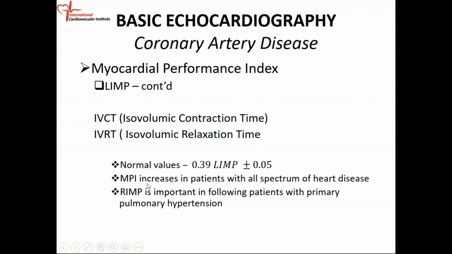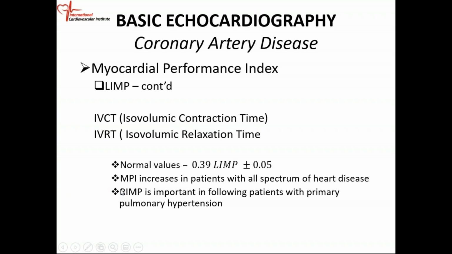So you can get an increase in your myocardial performance index in patients with all spectrum of heart disease. Remember, your MPI looks at overall heart function, systolic and diastolic. Okay, so you get an increased value in a lot of sick hearts.